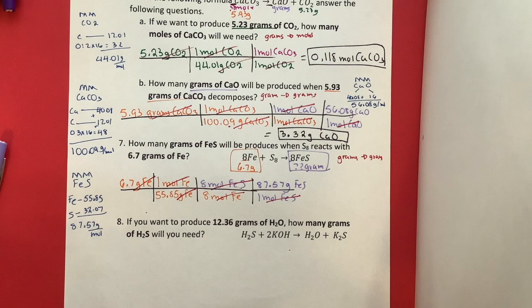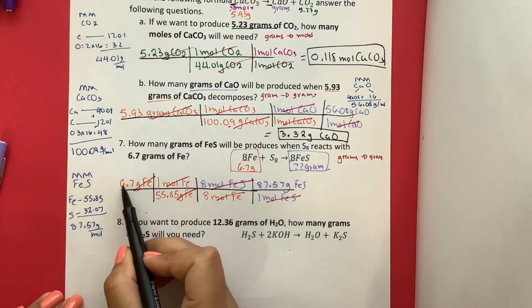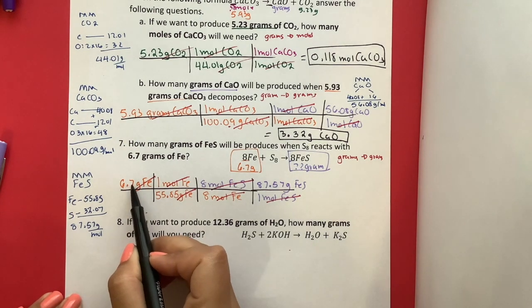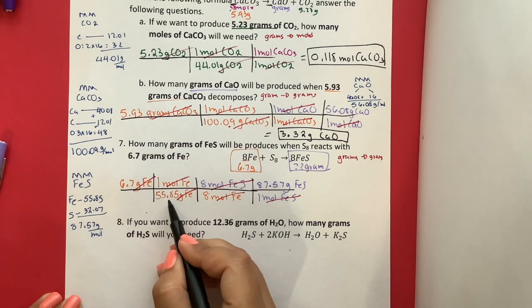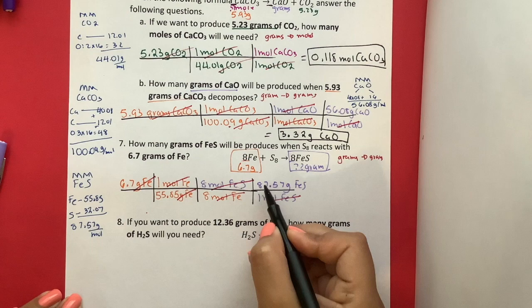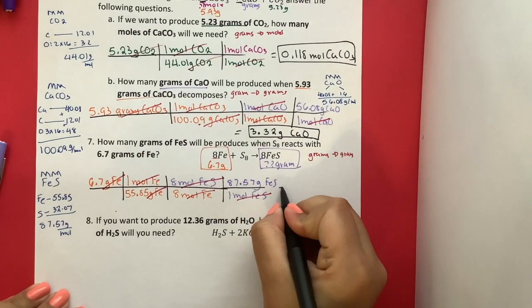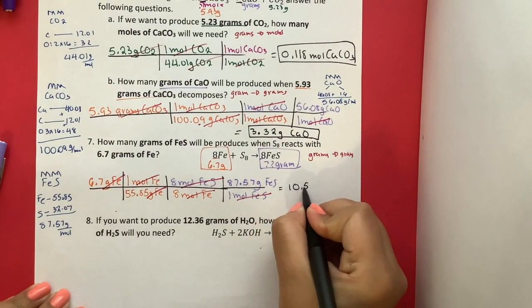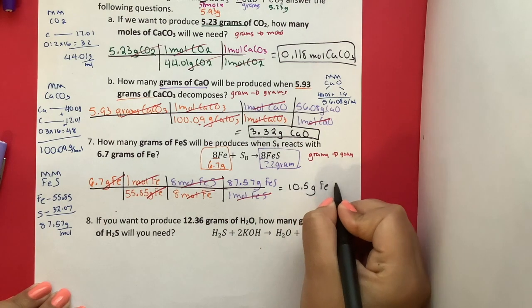So my last step is to get my calculator: 6.7 divided by 55.85 times 8 divided by 8 times 87.57, and I get 10.5 grams of FeS.